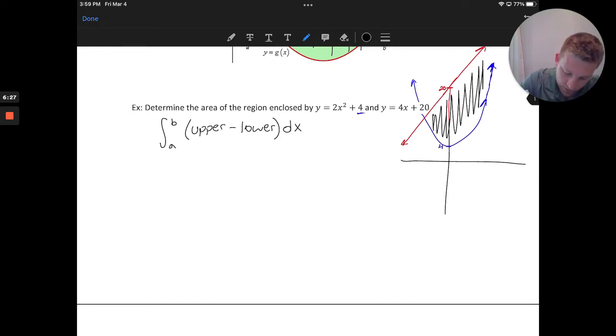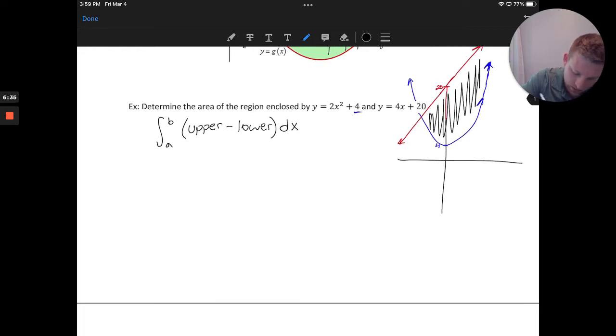So we're going to set these two functions equal to each other. Maybe I'll do this on the right. Yeah, we'll do it right here. 2x squared plus 4. And then we'll set that equal to the second, the line 4x plus 20.